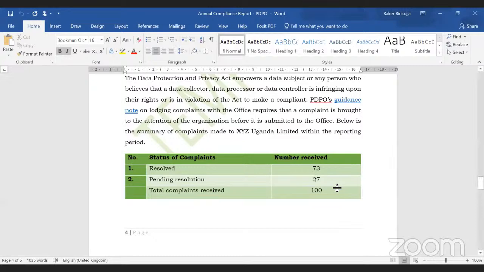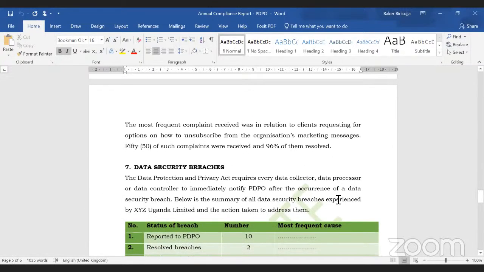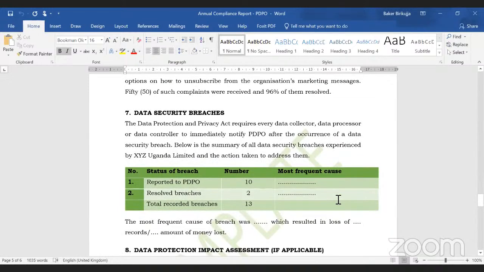That should be indicated as well. So the other is the data security breaches. Now for these, it's about any sort of something that happens in regard to the confidentiality, integrity, or availability of the information that you have.